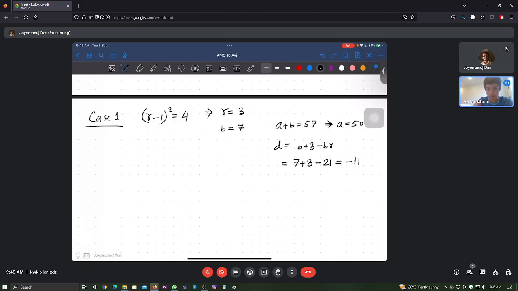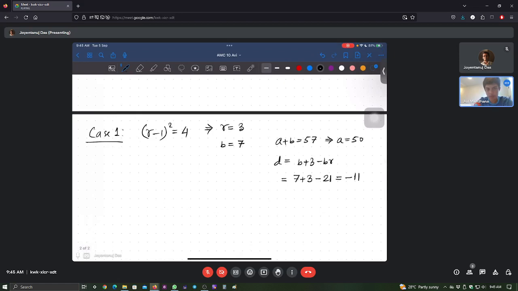Now you have to check whether it is a valid solution or not. So what are the things I have? a is 50, d is minus 11.